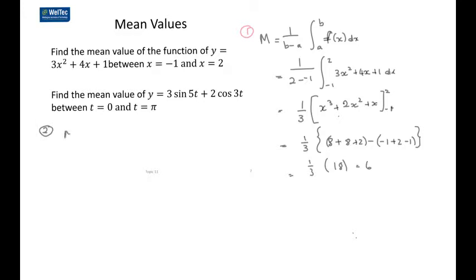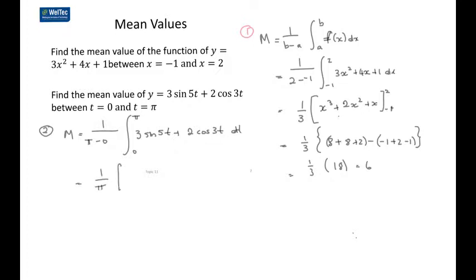The mean this time is going to be 1 over pi minus 0 times the integral between 0 and pi of 3 sine 5t plus 2 cos 3t with respect to t, and that's 1 over pi.